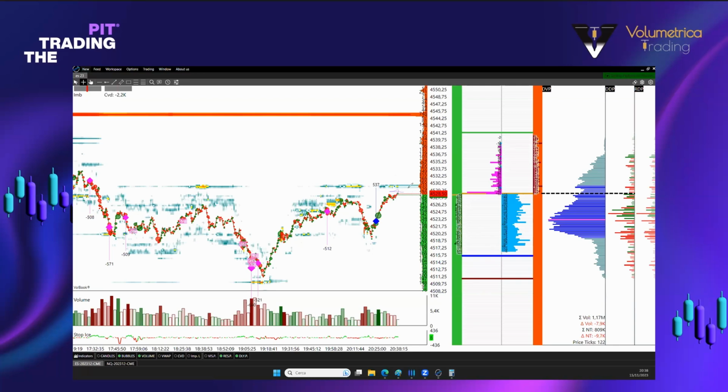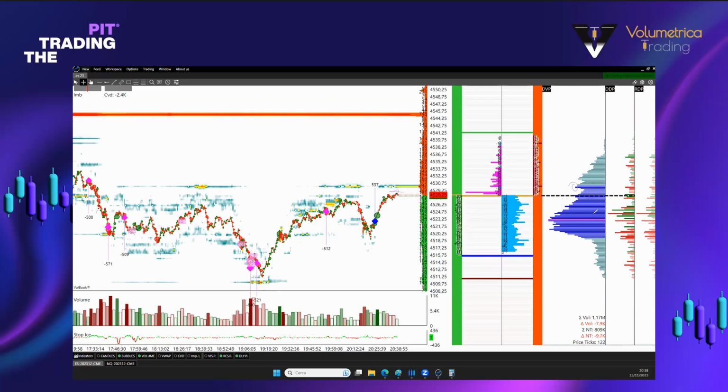And this is also confirmed that here we have exactly at the very same level also a high volume node, which are particularly useful as target prices where the market is likely to lead up to.